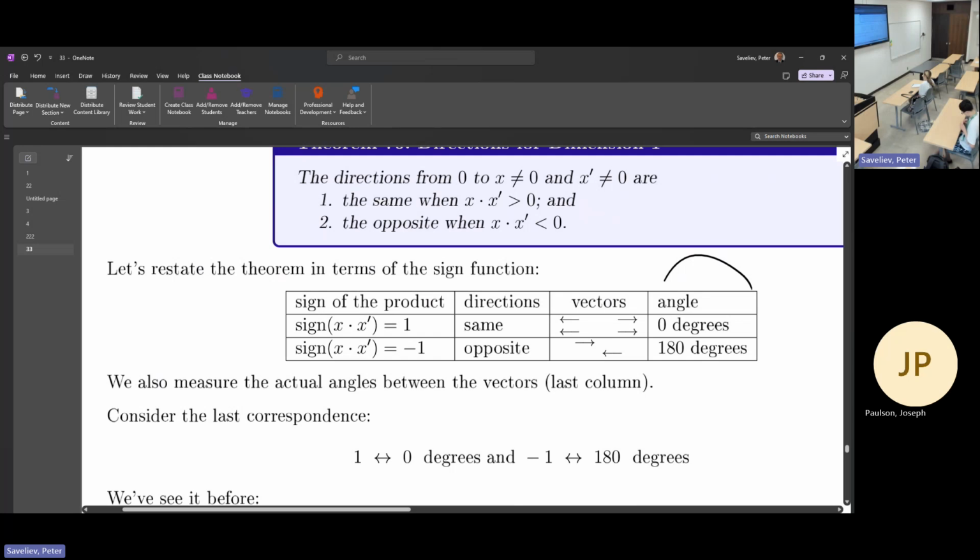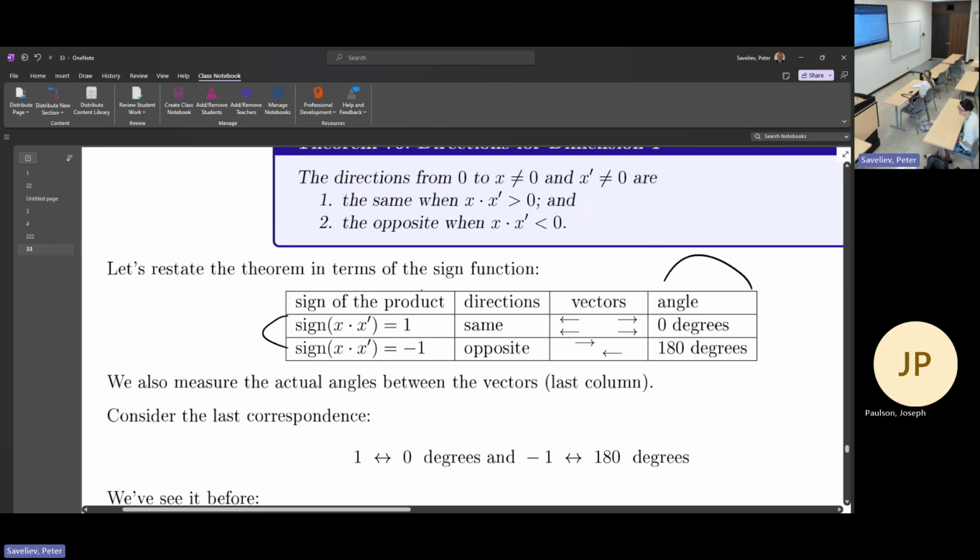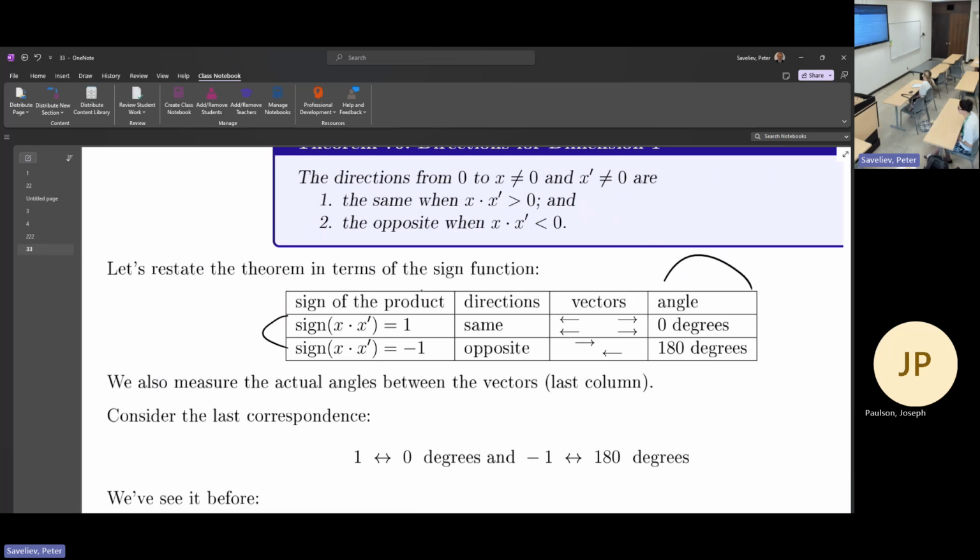Okay, so let me put it in front of you. When it is 1, that's the first row. Then when it is 1, it's 0 degrees. When it's negative 1, it's 180 degrees. You must have seen this match before.